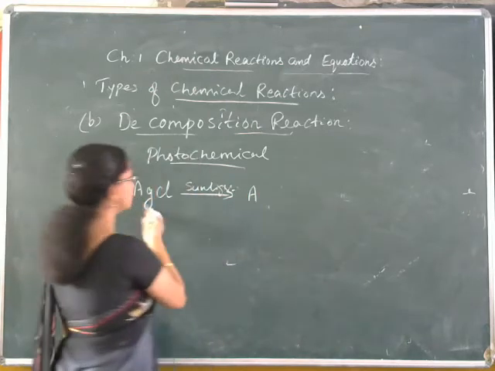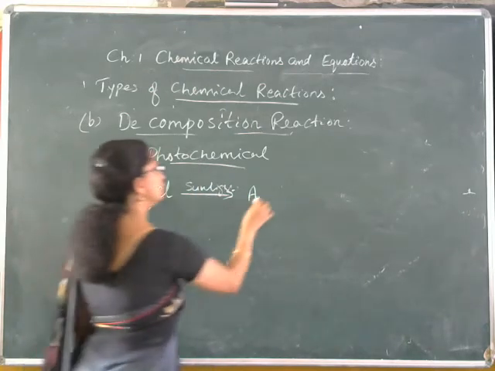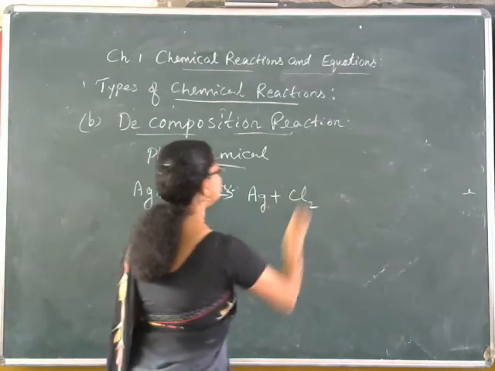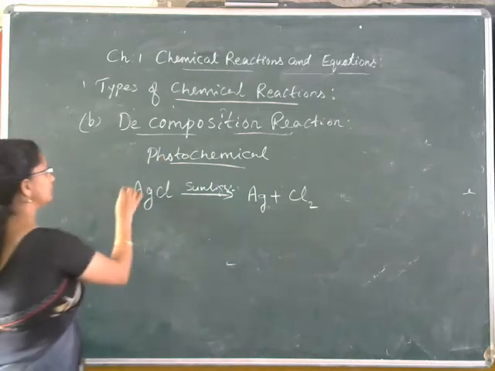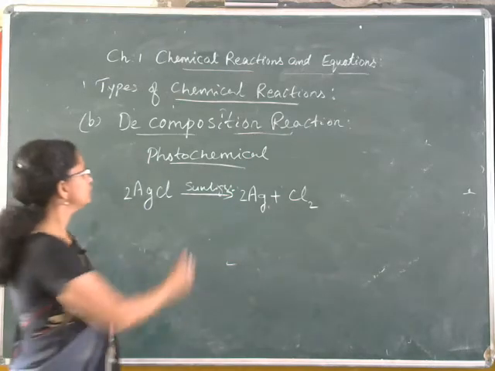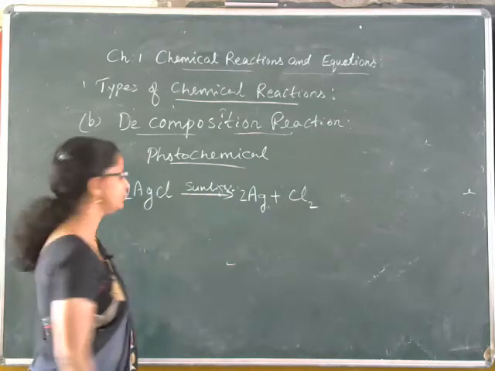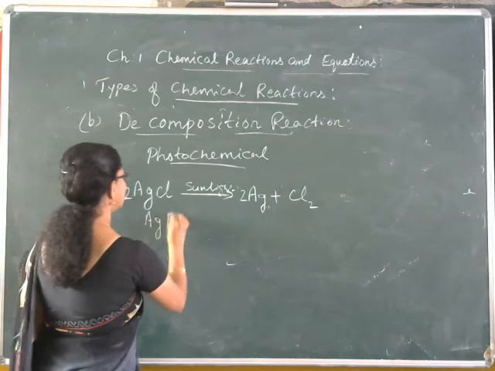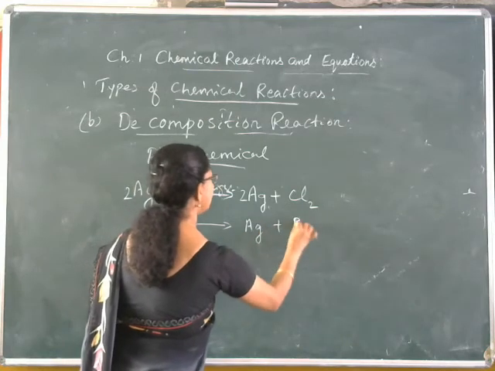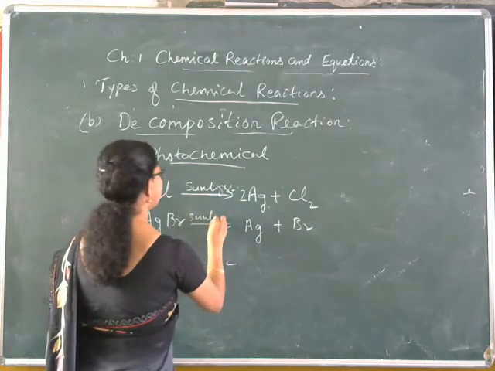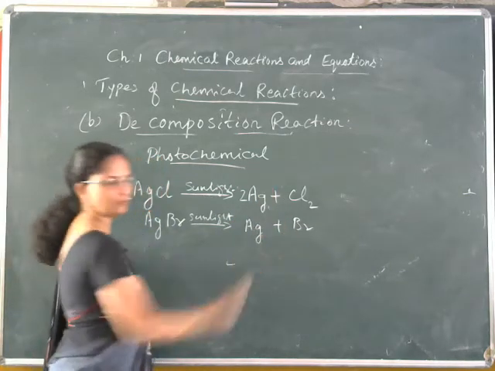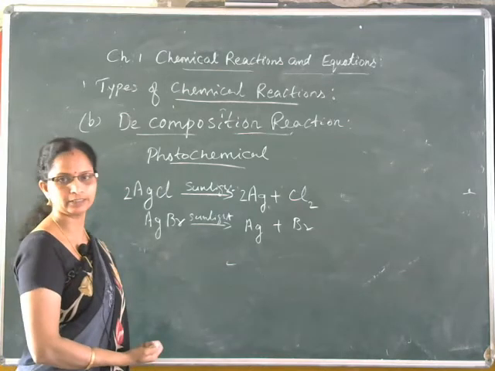The color of the silver chloride, which is white, converts into gray color due to the formation of silver plus release of chlorine gas. So such type of reaction is known as photochemical reaction. In the same way, silver bromide also breaks into silver and bromine on exposure to sunlight, where a single substance breaks into two or more substances on absorbing light energy.